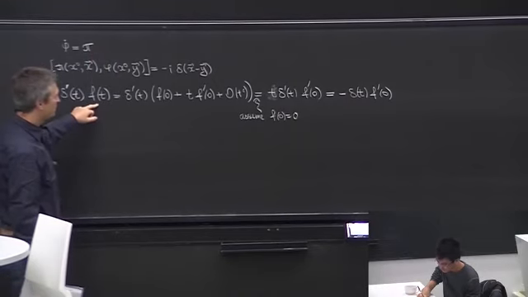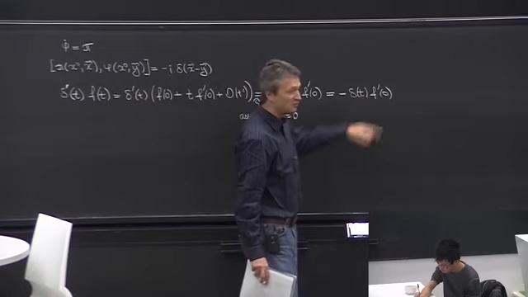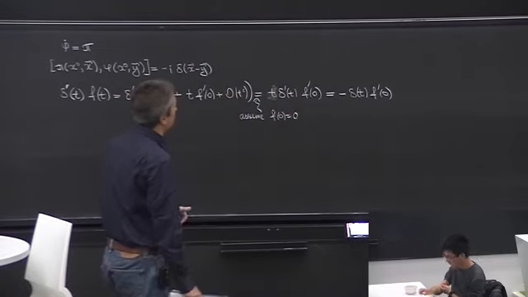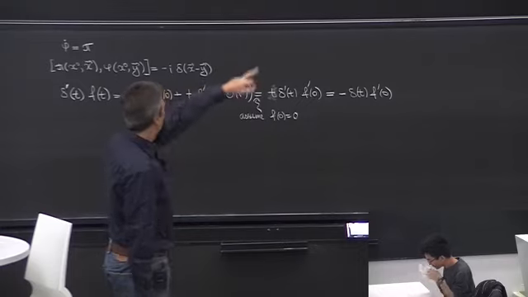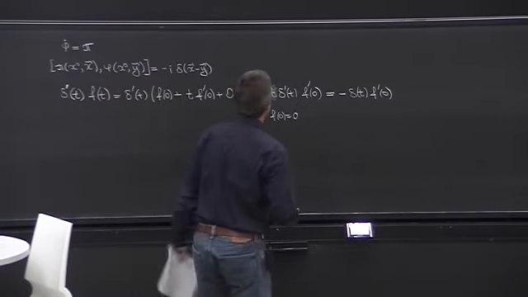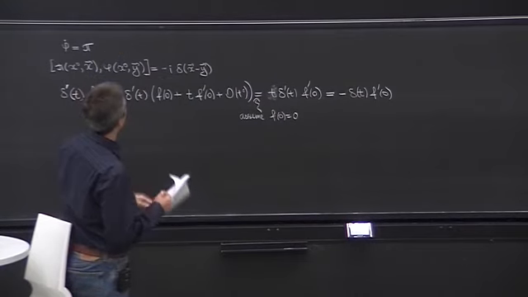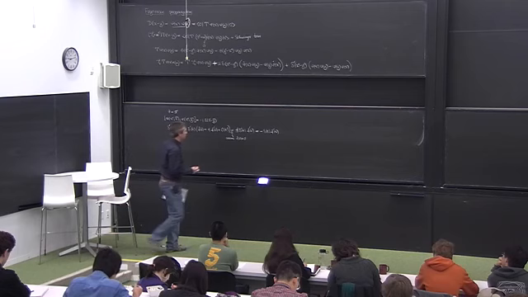But since f of 0 is 0, it only picks up the term with the derivative of f. And so here the derivative again produces the canonical momentum. So the first term here combines into the Klein-Gordon operator and gives 0.